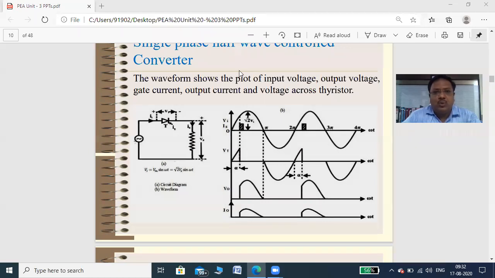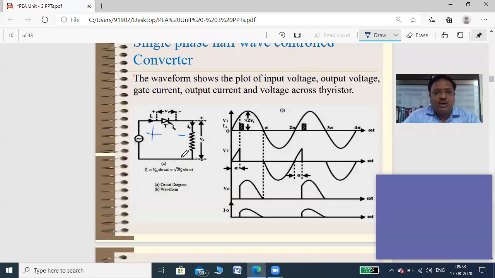Okay. So in this half controlled converter, we are using only one SCR, a power source and one load resistor. So during the positive half cycle, the anode of this SCR is positive and the cathode is negative, so the SCR is in forward bias condition.